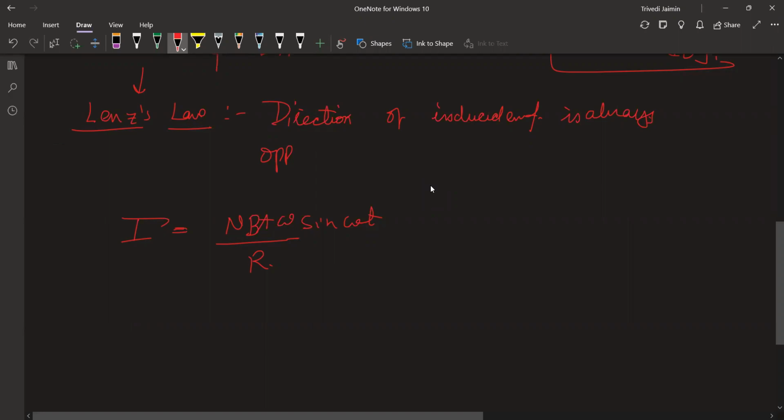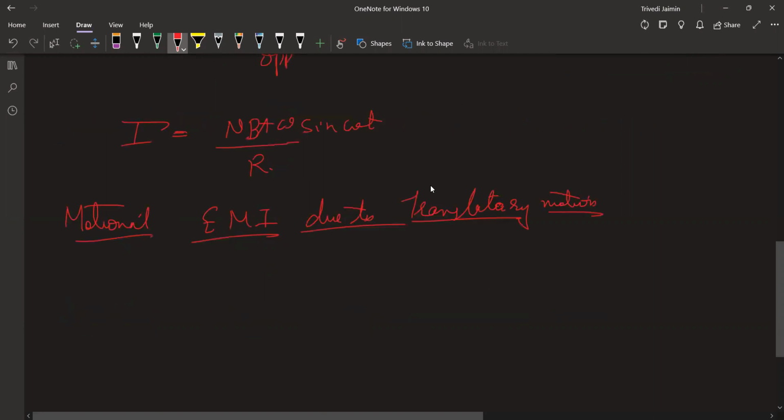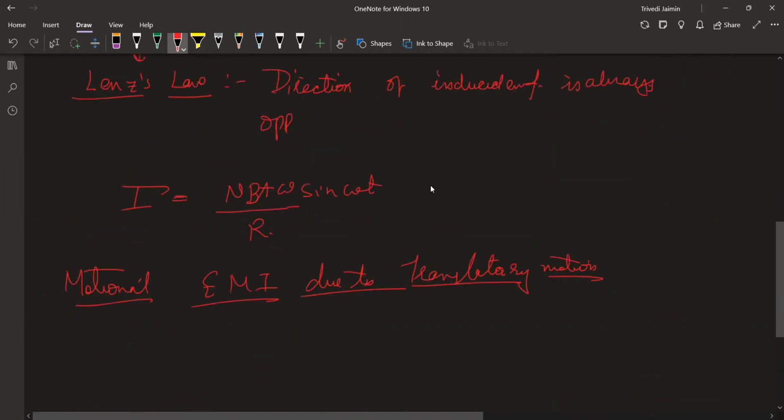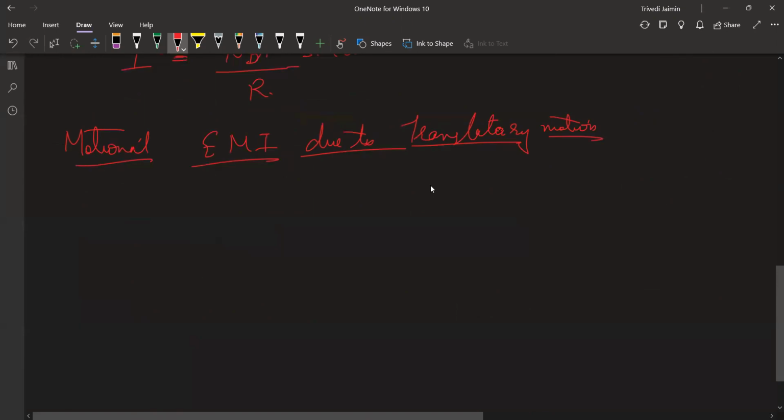What else do we have? Motional EMF due to translatory motion. These are just basic things like formulas and all that.